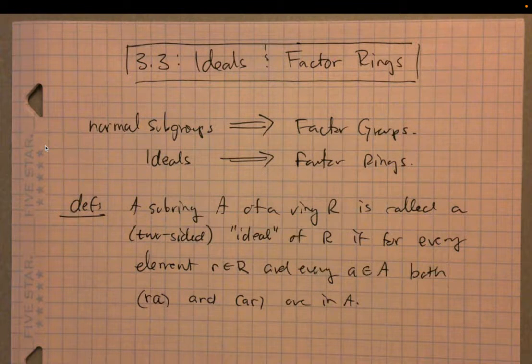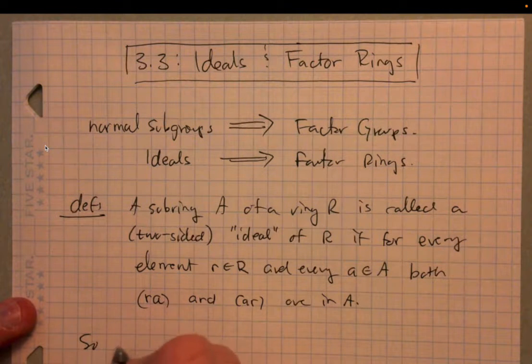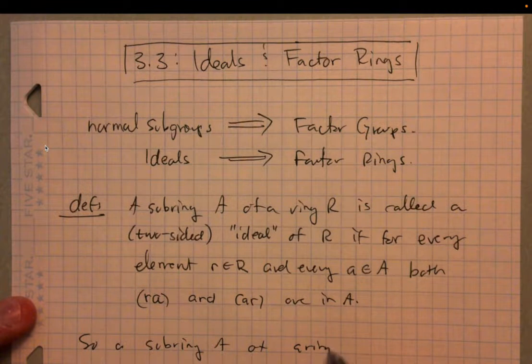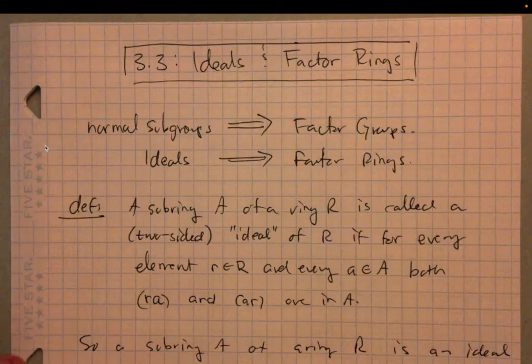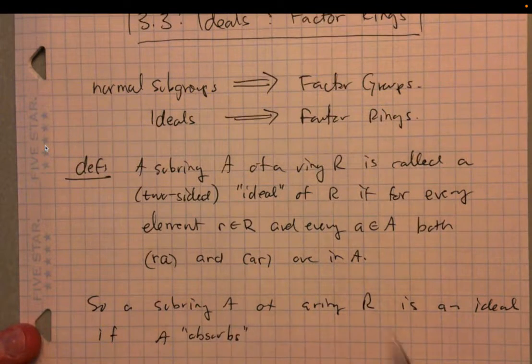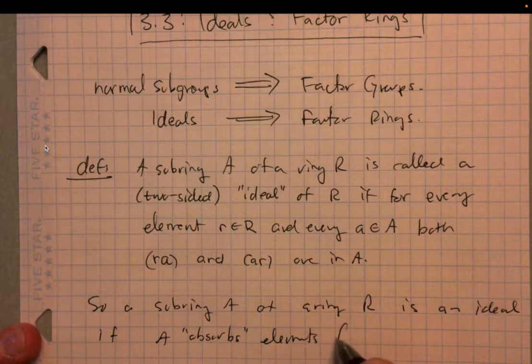So a subring A of a ring R is an ideal if A, the subring, absorbs every element of R. A subring A of a ring R is an ideal basically if it absorbs every element from R. And we use this term absorbs.